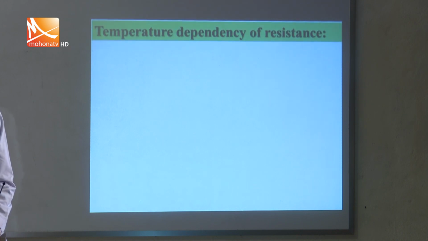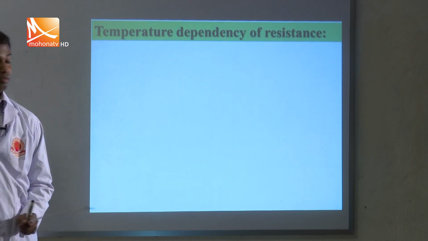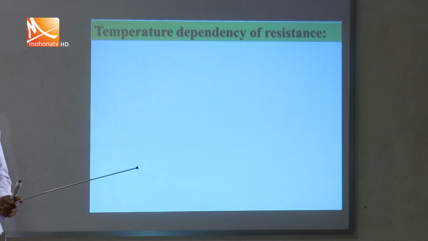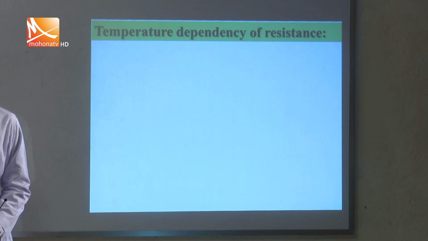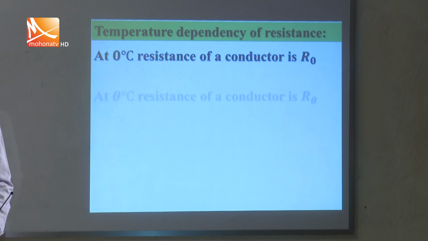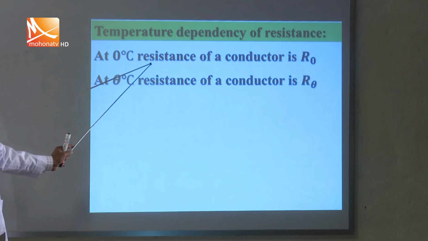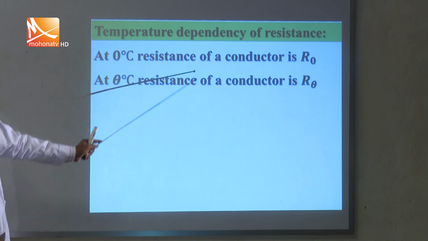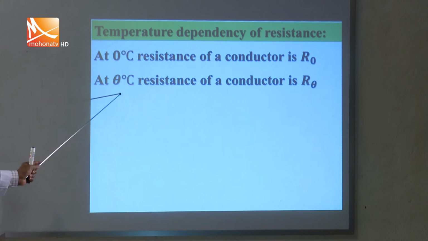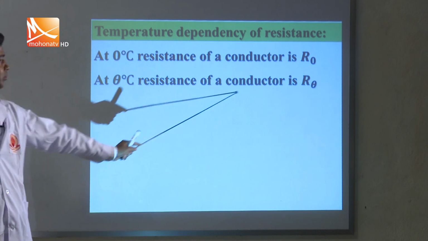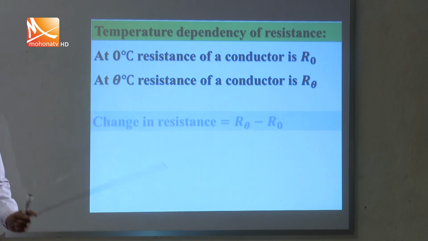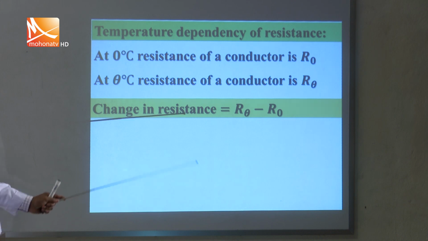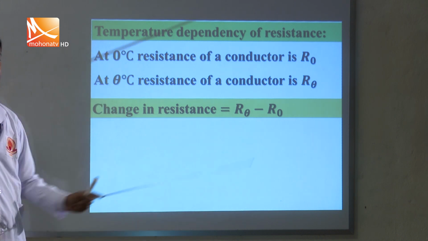Now, the temperature dependency of resistance, especially for the conductor: we establish a relation, but how can we establish it? Simply, consider the resistance of a conductor at 0 degree Celsius to be R naught, and at any temperature theta, the resistance of the conductor is R theta. Then the increase of resistance is R theta minus R naught.